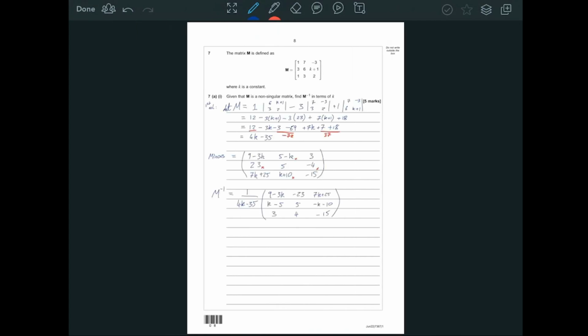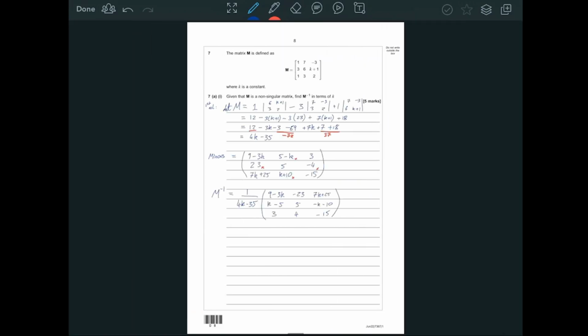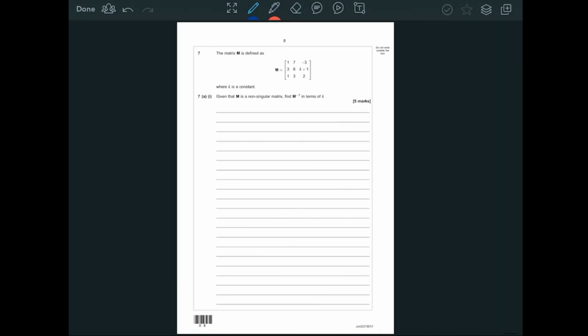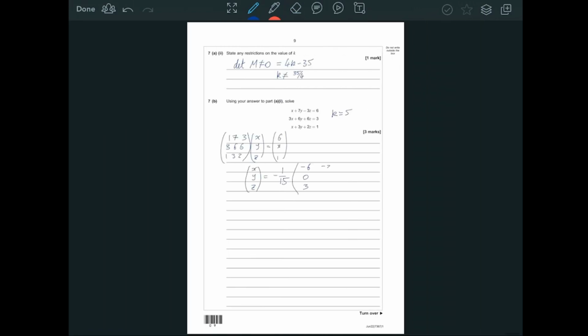We have that k is 5, so negative 6. And then that'll be 0 there, won't it? Negative 6, 0, 3, negative 23, 5, 4.